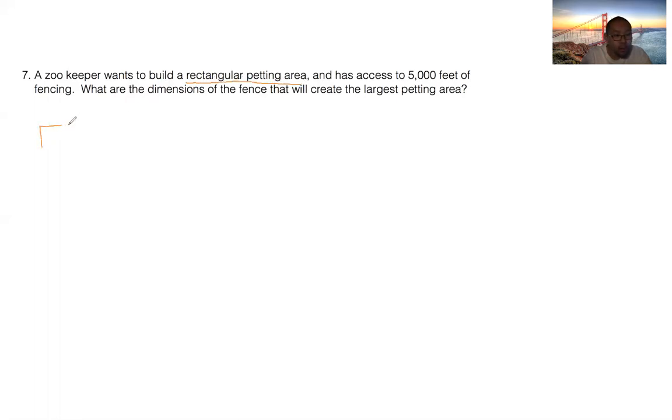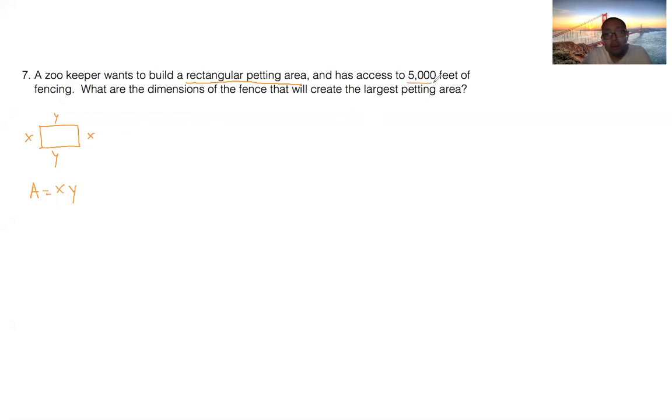if we draw out a rectangle, right, these two sides will match, these two sides will match. We know that the area of this rectangle is going to be x times y. Okay? A zookeeper wants to build a rectangular area and has access to 5,000 feet of fencing. What are the dimensions of the fence that will create the largest petting area?